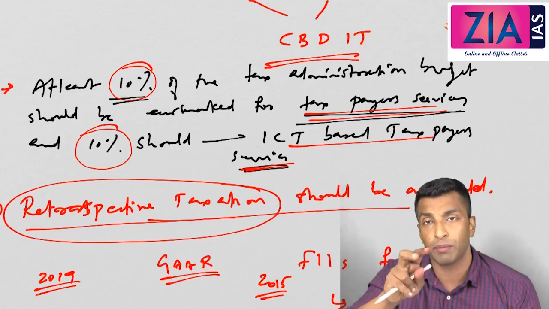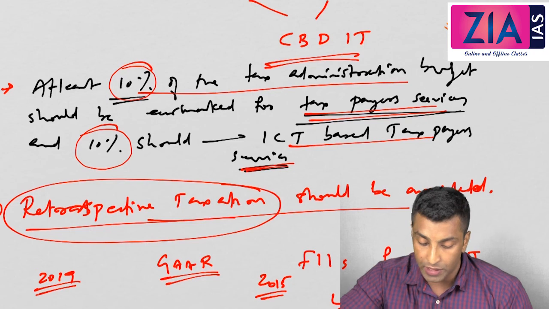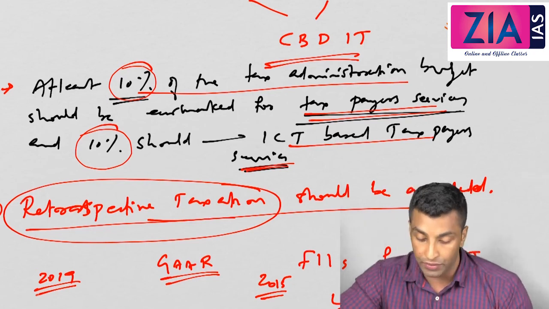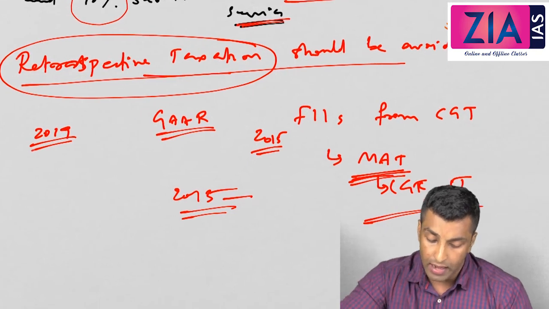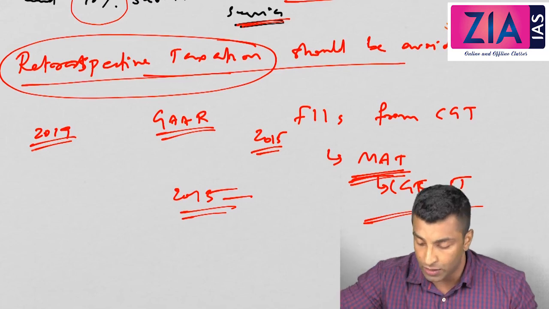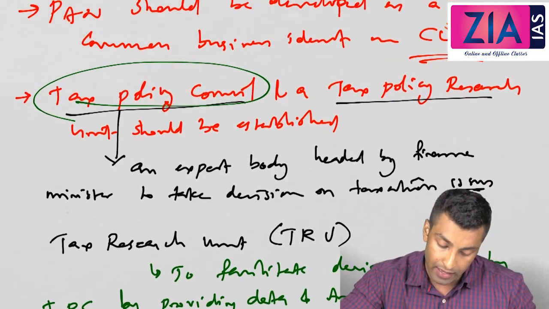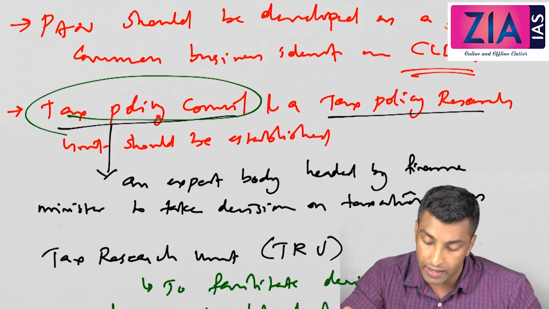I've already told you the database of each other can be seen by each other, and at least 10% of the tax administrative budget should be earmarked for taxpayer services, and another 10% for ICT based services. Okay, and then we have discussed retrospective taxation should be avoided. I've told you what is retrospective taxation, and then PAN should be developed as a common business identity.